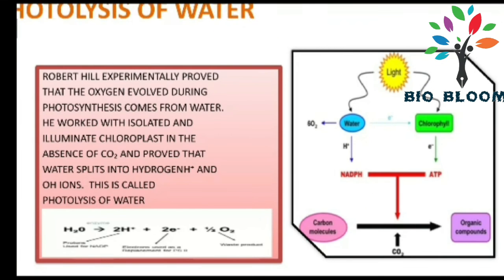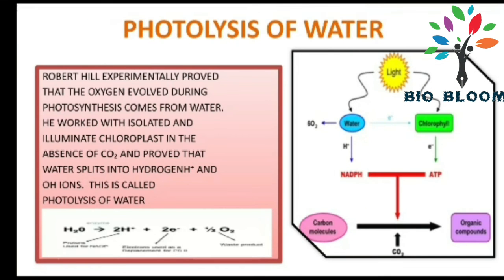Now here you see the photolysis of water. In the light reaction, the important process that takes place is photolysis. Photo means light and lysis means splitting. Here the water splits. See here the equation, water splits into proton, H plus, and electron, E minus, and oxygen.